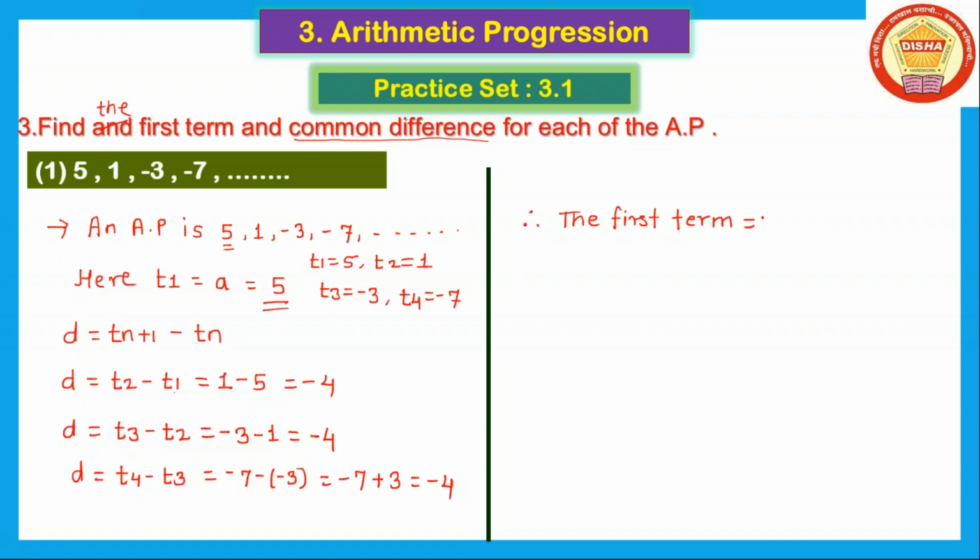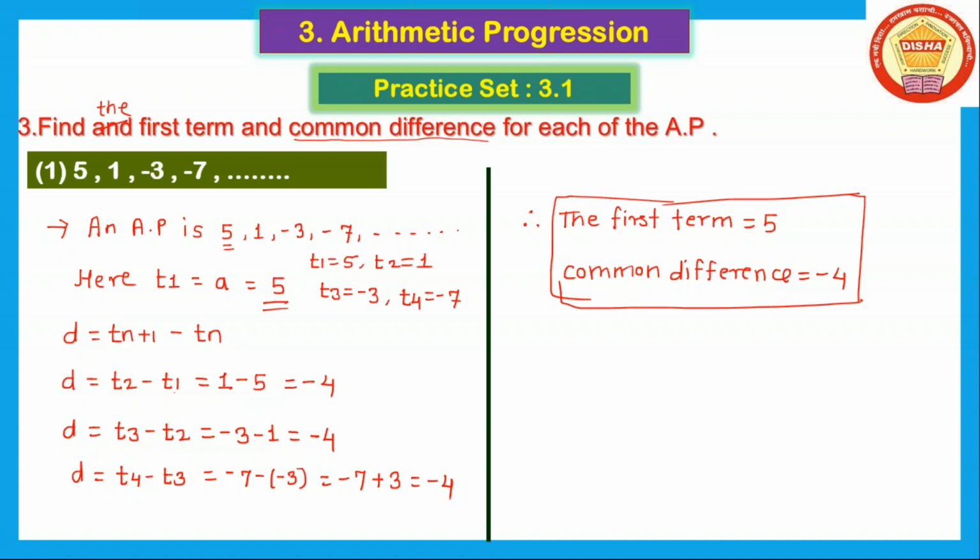See here, 5. And the common difference: it is an AP, which means the difference is common. We verified that the common difference is the same here. So below that we write common difference is equal to -4. This is our final answer. We have to make such a box for the final answer.